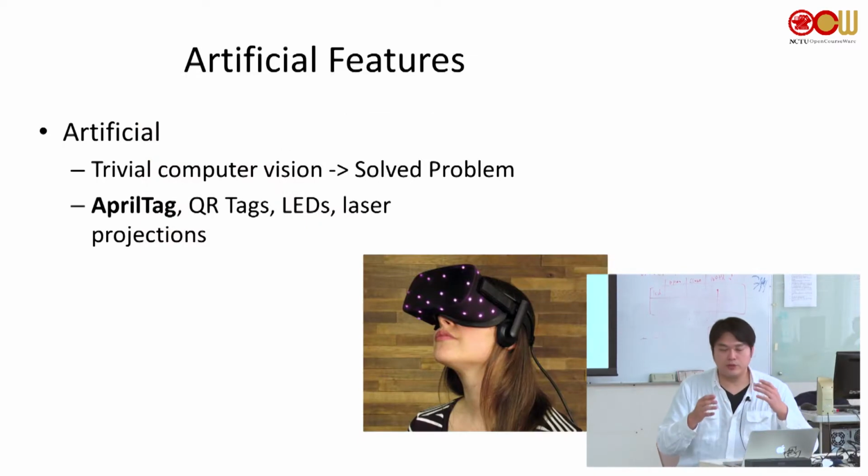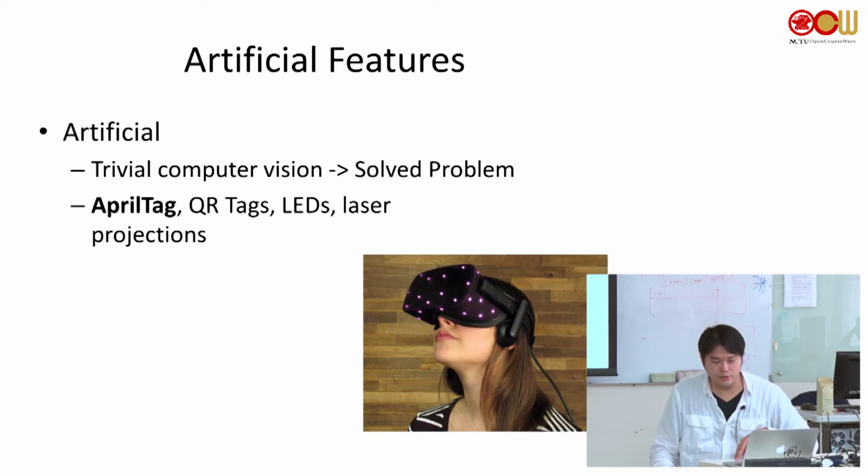Sometimes we want to separate the features into artificial features and natural features. And for artificial ones, because it's very robust, it could actually bring us lots of applications. But on the other side, sometimes we call it trivial computer vision, which is a solved problem.